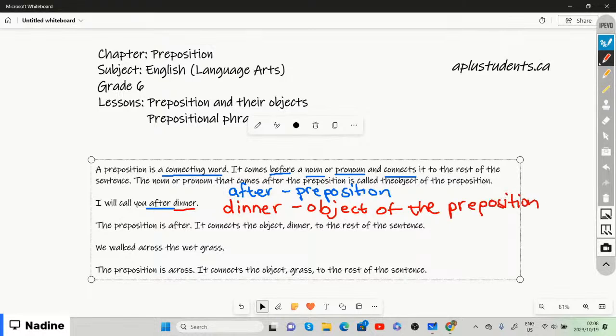So dinner is the object. Once again, the preposition is after, and it connects the object, dinner, to the rest of the sentence.